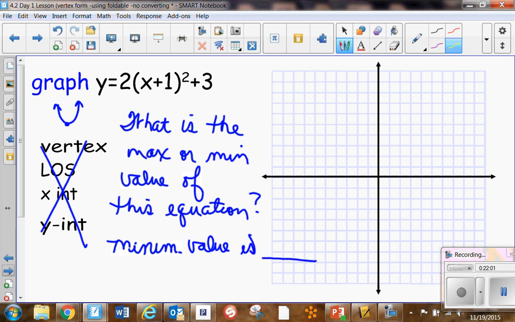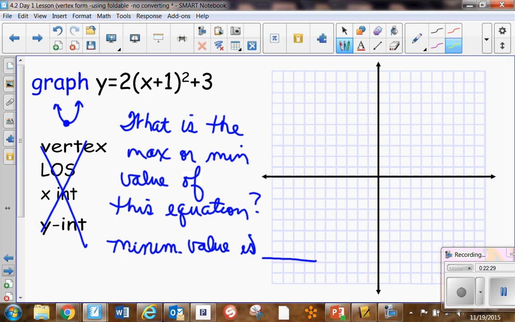Where did we find our minimum value last night on the homework? It was at our vertex, but was it the input or the output of our vertex? When I want the value, it's the output. You want to know the minimum thing that's going to come out of your machine. Well, what is the vertex of this one?